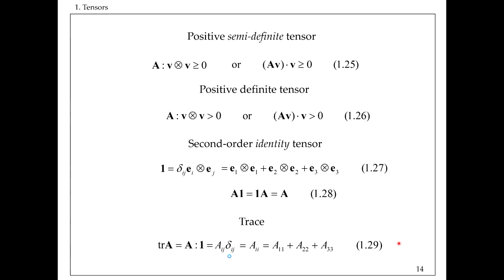Now we can also look into our second order tensor, which was a result of the multiplication of two other second order tensors, and we can see how the trace can be written for those in terms of double contraction.